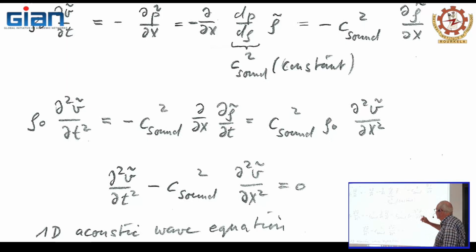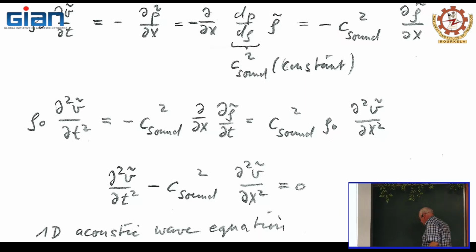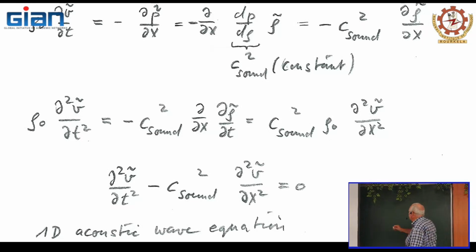What we did here, I did not specify which quantity needs to be kept constant, because in general the pressure is a function of density and temperature, or pressure may be written as a function of density and entropy and so on. So in principle, from a thermodynamic point of view, there has to be a second parameter.